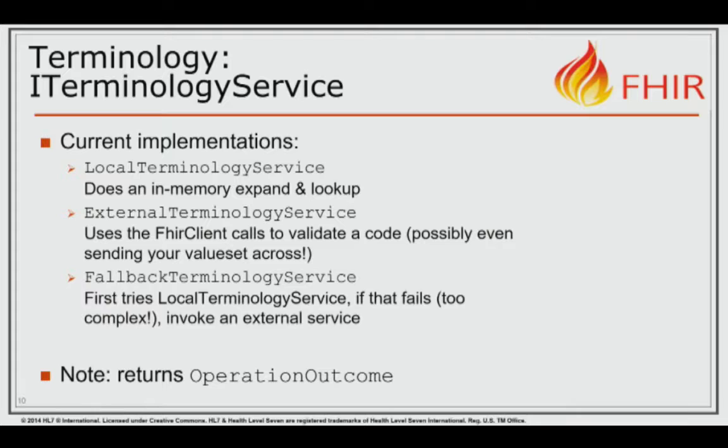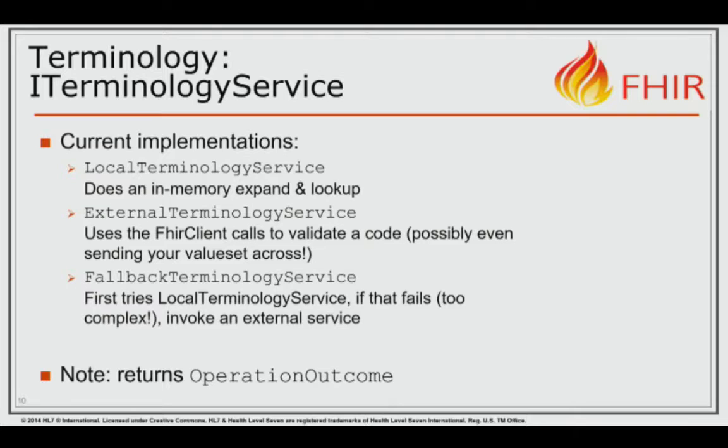It first tries the local terminology service in memory, and if that reports that this value set is actually too complex or it doesn't know about it, it allows you to fall back and then call to an external terminology service. And again, you could implement this interface as well on an existing service that does not implement a FHIR terminology service interface.